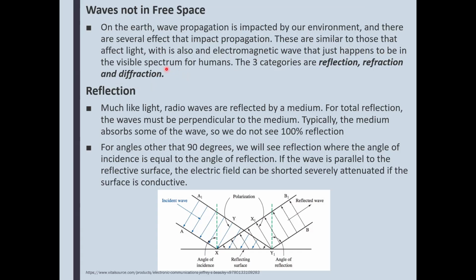So if there is a fog outside, the light is going to have a tougher time punching through the fog. So for the other electromagnetic waves, radio waves, there are other elements that act as the fog would act on light. The three categories.